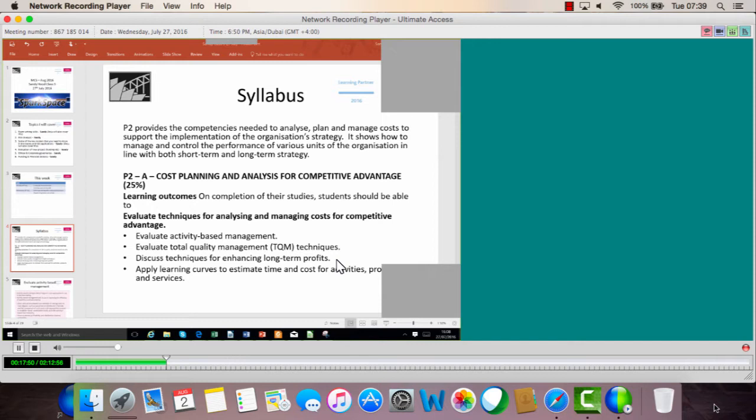And then the application of learning curves to estimate time and cost for activities, products and services. What I reckon is that learning curves have always been a popular exam topic, long before P2 was an OT exam, and long before there was a management case study.